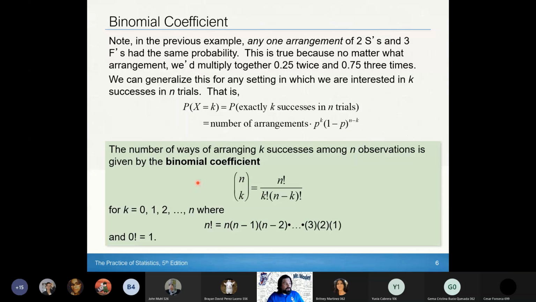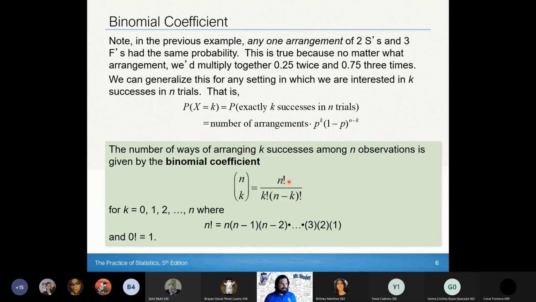The number of ways of arranging k successes among n observations is given by the binomial coefficient. This here, this n k in the tall parentheses, is read n choose k. And it is equal to the fraction n factorial divided by k factorial times n minus k factorial.